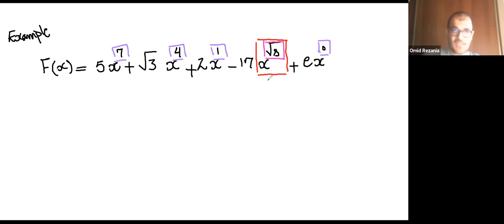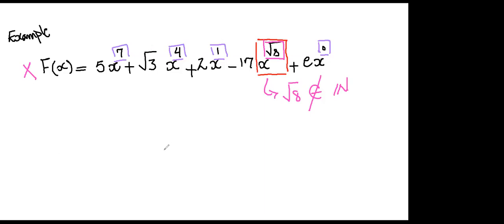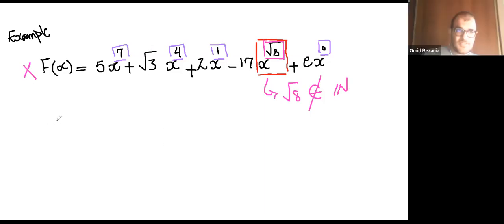And as you see, square root of 8 does not belong to the natural numbers. Then as a result, this one is not a polynomial. Does it make sense to everyone? Yes. Great.